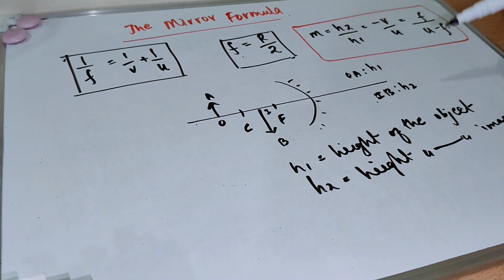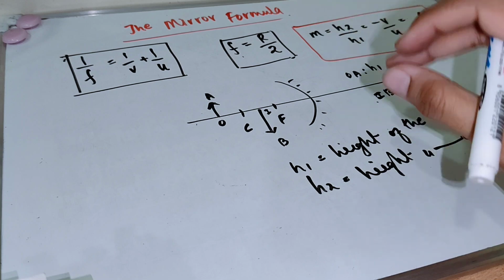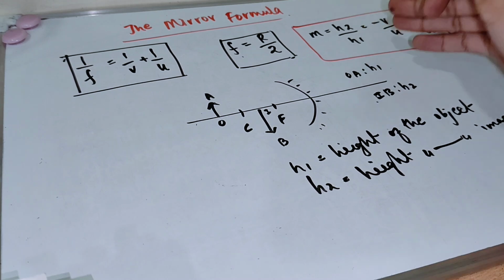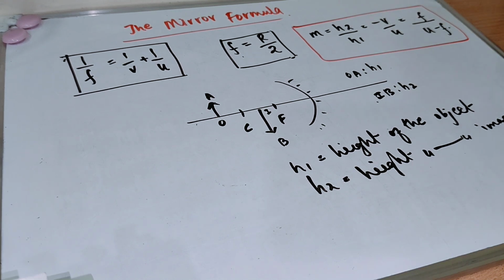So magnification is the height of the image upon height of the object. Magnification, as we all know, is how much zoomed in or zoomed out the image is visible to us, right? If we want to write a proper definition, then magnification is the ratio of the height of the image to the height of the object.